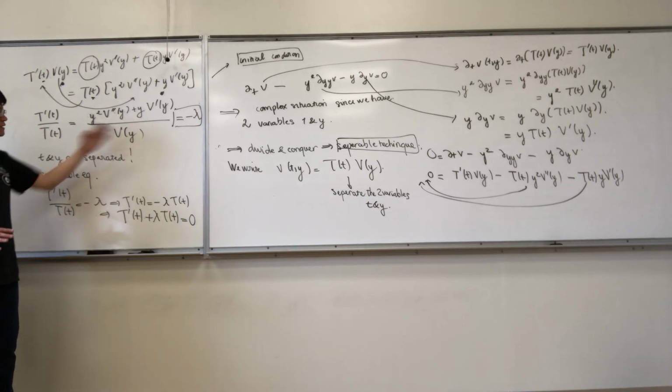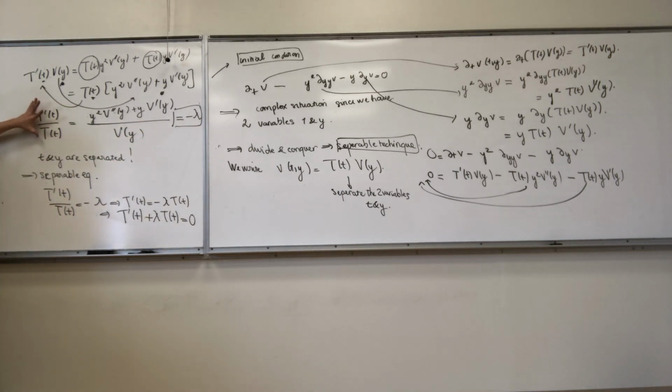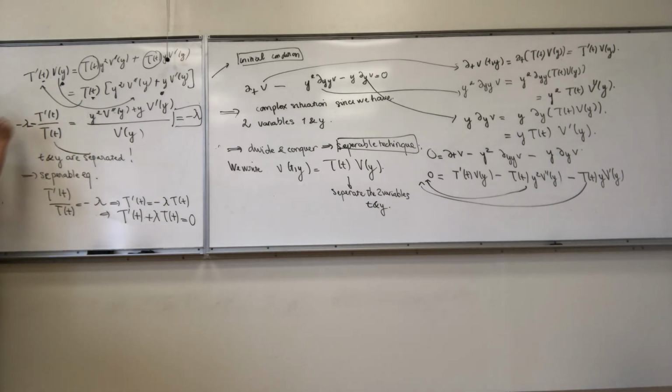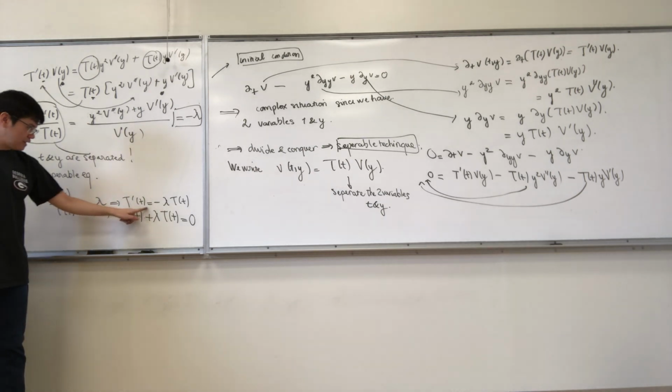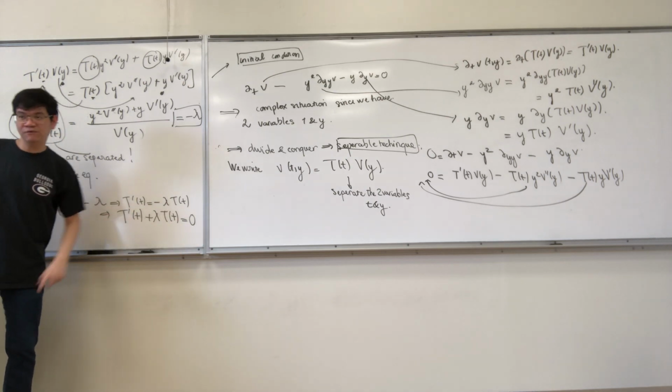Because they are separate, so I can put this to be minus lambda. So I'm going to solve this. So this is minus lambda, right? Which means that I want to solve this equation. So I have T prime over T is minus lambda, meaning that T prime is minus lambda T. So I have one equation.